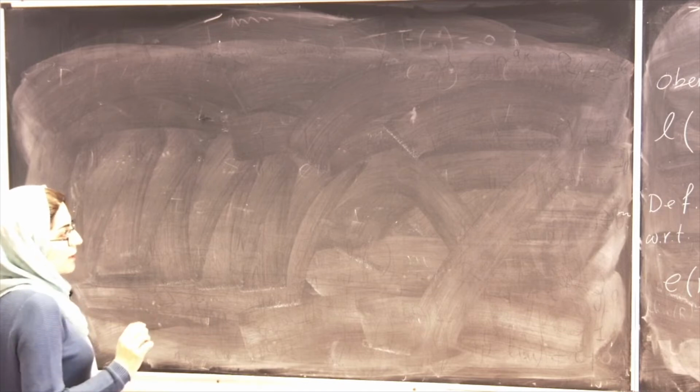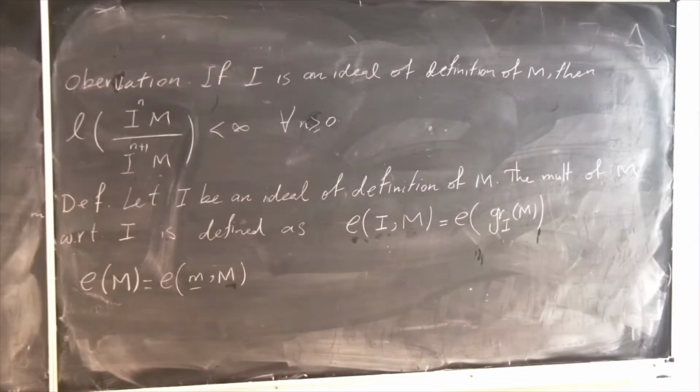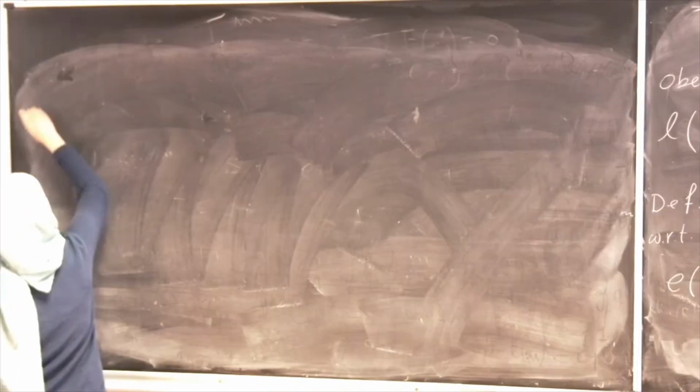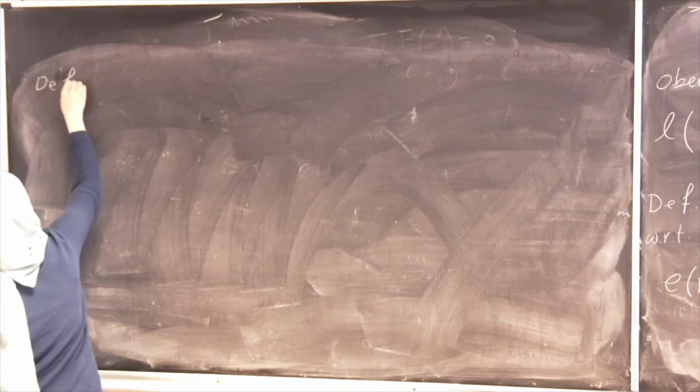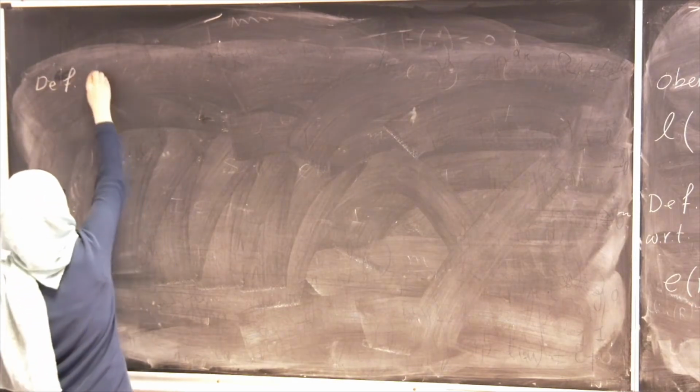But let's see what the first iterated Hilbert function is for the associated graded module. This is called the Hilbert-Samuel function, in fact.